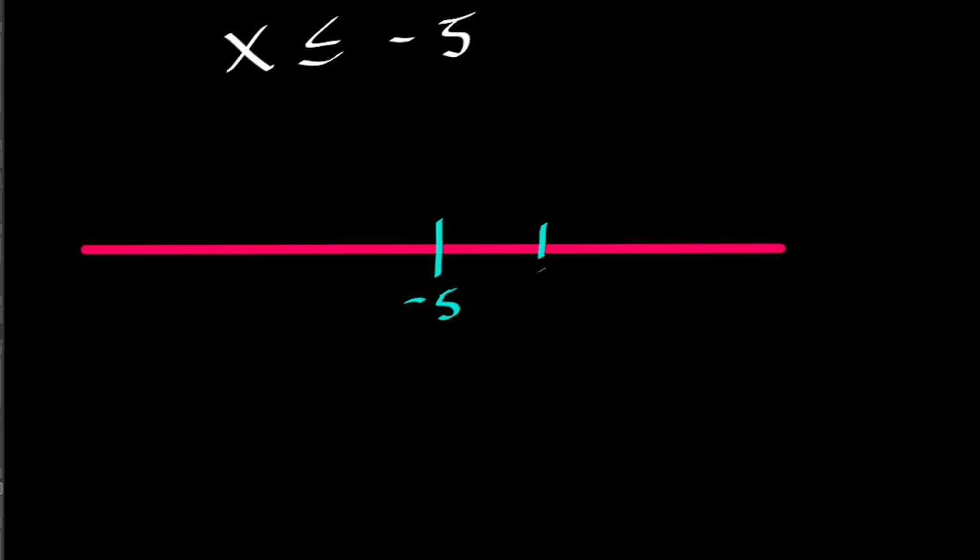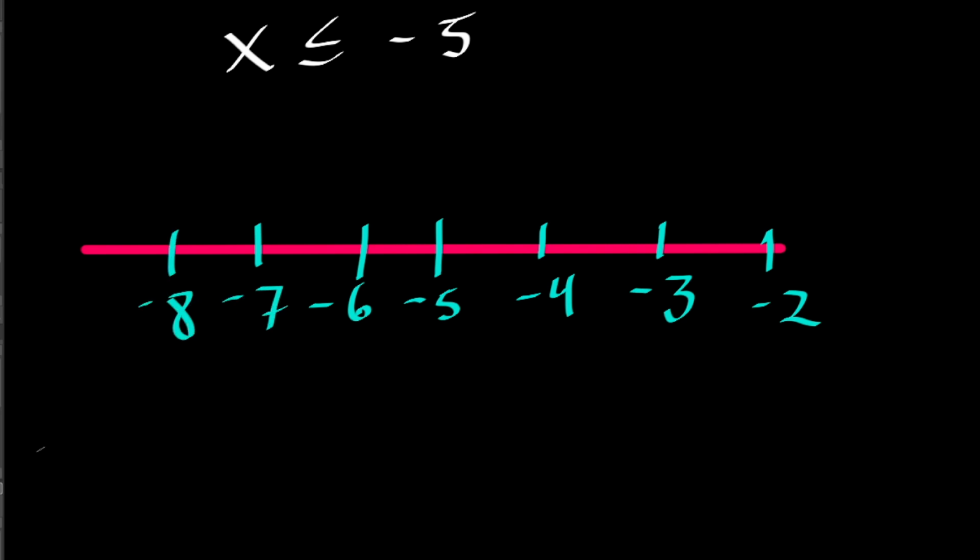So to the right of that is -4. -4 is greater than -5. And -3, -2. Then less than -5 would be -6, -7, -8. Now let's try to figure out what this graph is going to look like. So x is less than or equal to -5.